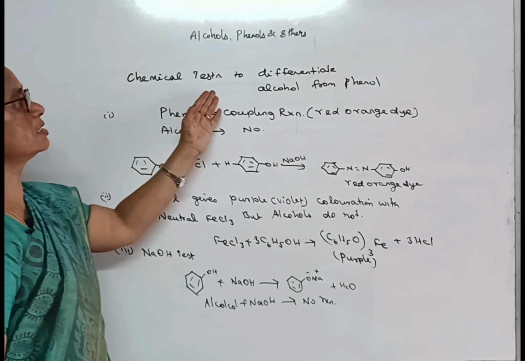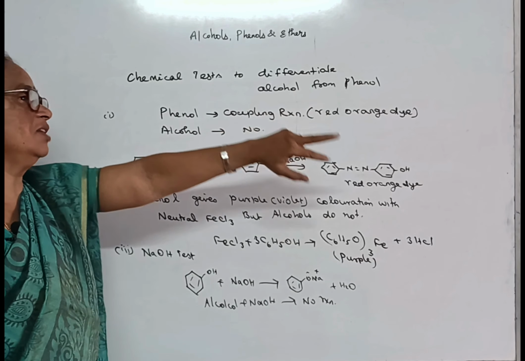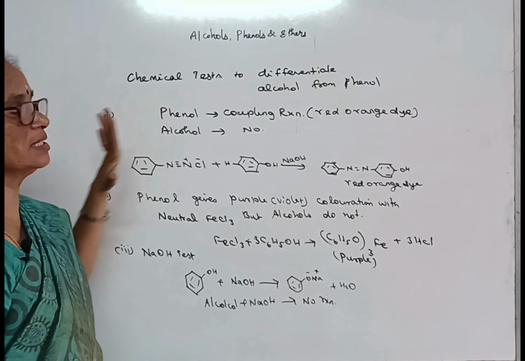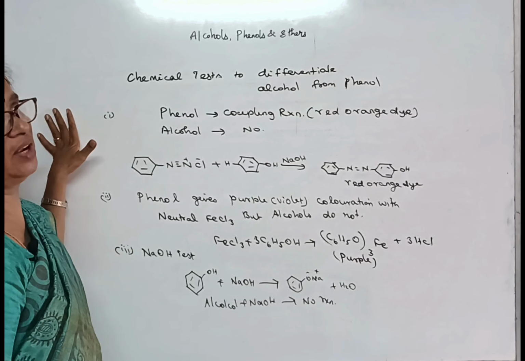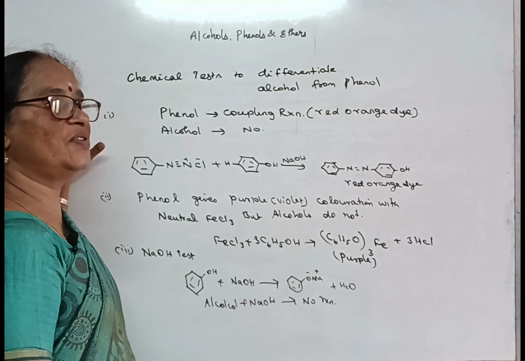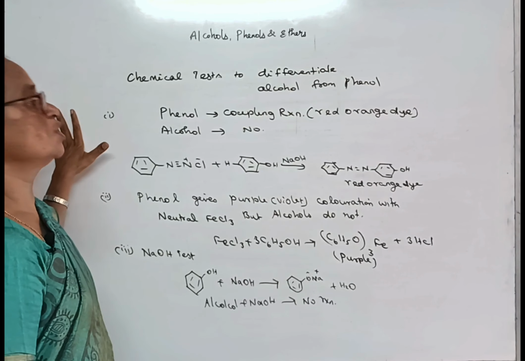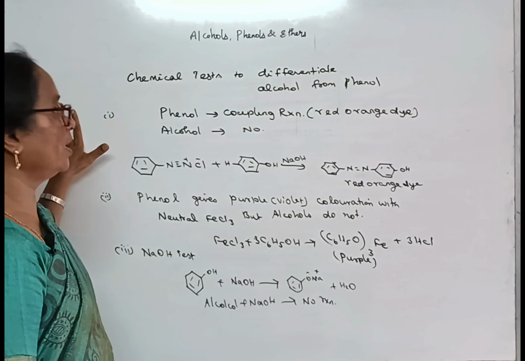Chemical test to differentiate alcohol from phenol. So how can phenol be differentiated? If any compound is given to you, you have to identify whether the given compound is aliphatic or aromatic. So here we have alcohol and phenol.